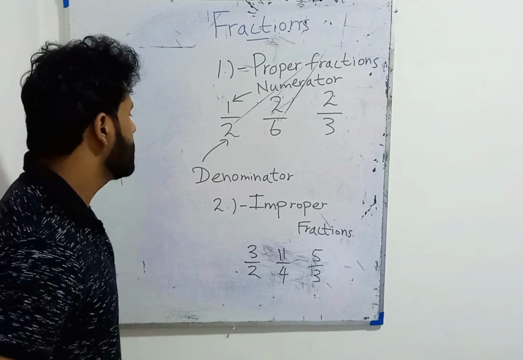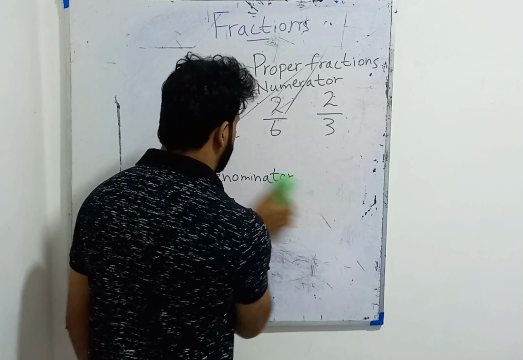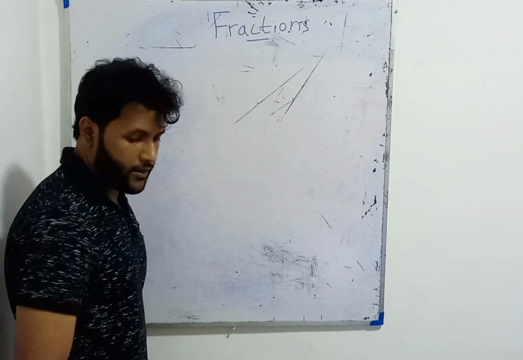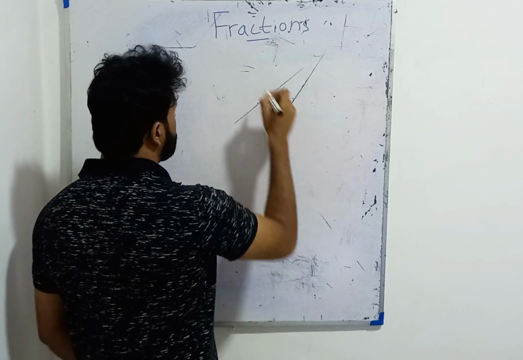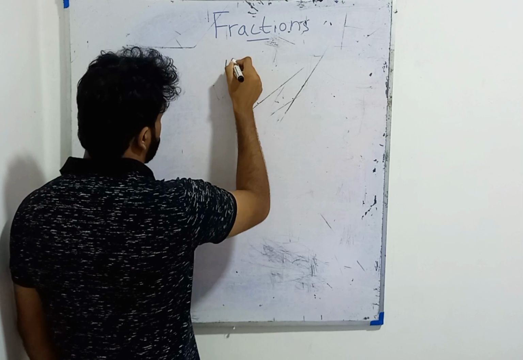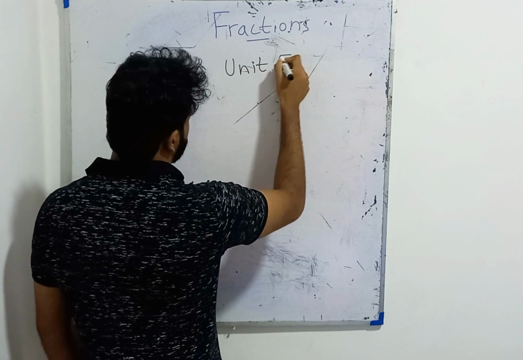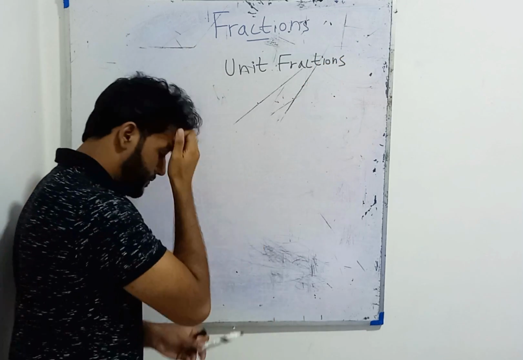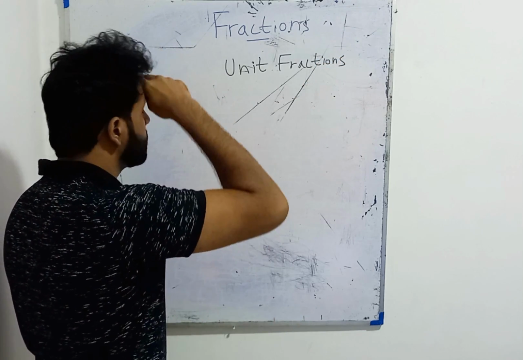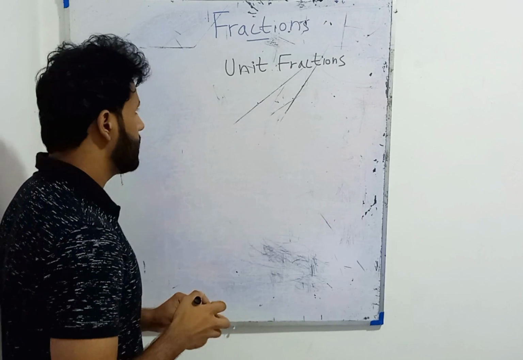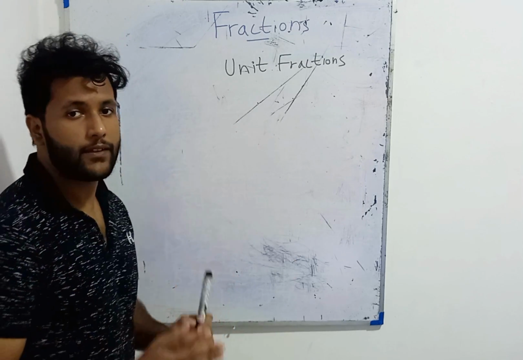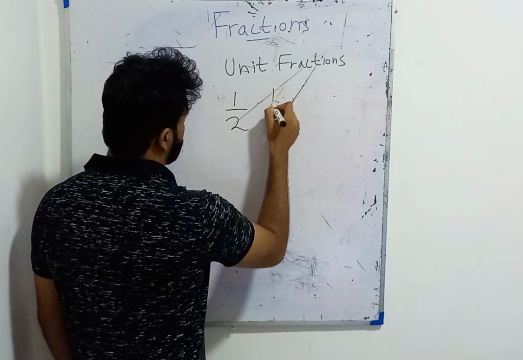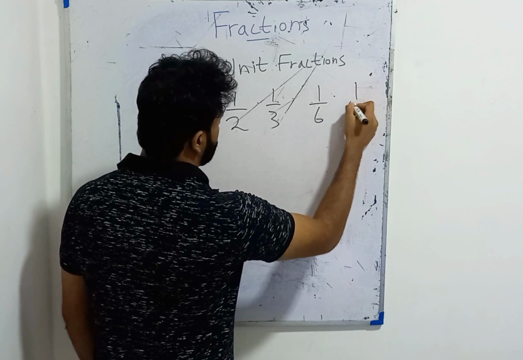Let's go further. Have you ever heard of unit fractions? In a unit fraction, the numerator is always 1. So it's 1 over 2, 1 over 3, 1 over 6, 1 over 9.